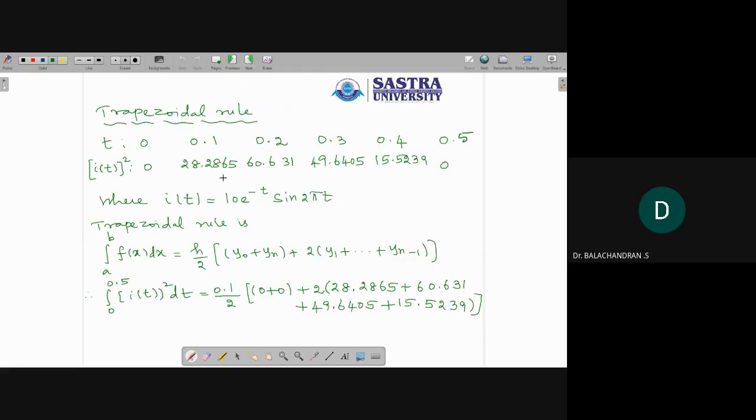So now using calculator, please check it. If you substitute t equal to 0.1 here, 10 into e power minus 0.1 into sine 2 pi t, where t is 0.1, whether you are getting 28.2865. Please check it using radian mode.